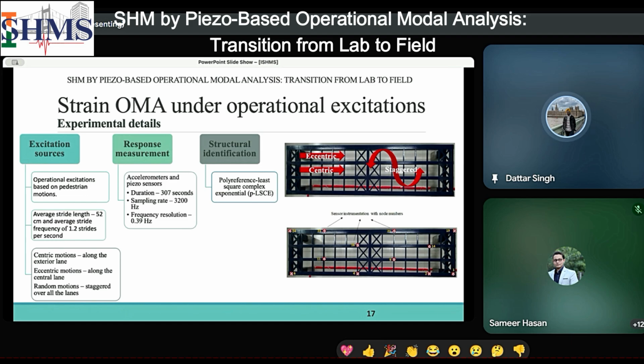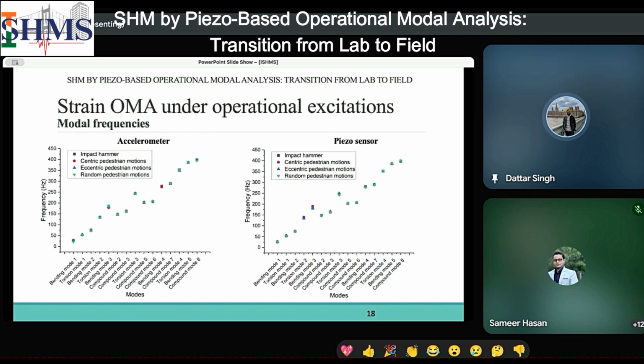One was centric, to simulate the walking of people over the bridge on the central line. Another was eccentric, walking over the exterior line, and the third was haphazard. So it may be people running or people walking in different directions at different points of time. The entire experimental regime and details were kept identical to the previous experiments. We already discussed the stabilization chart, so I omit that from this experiment.